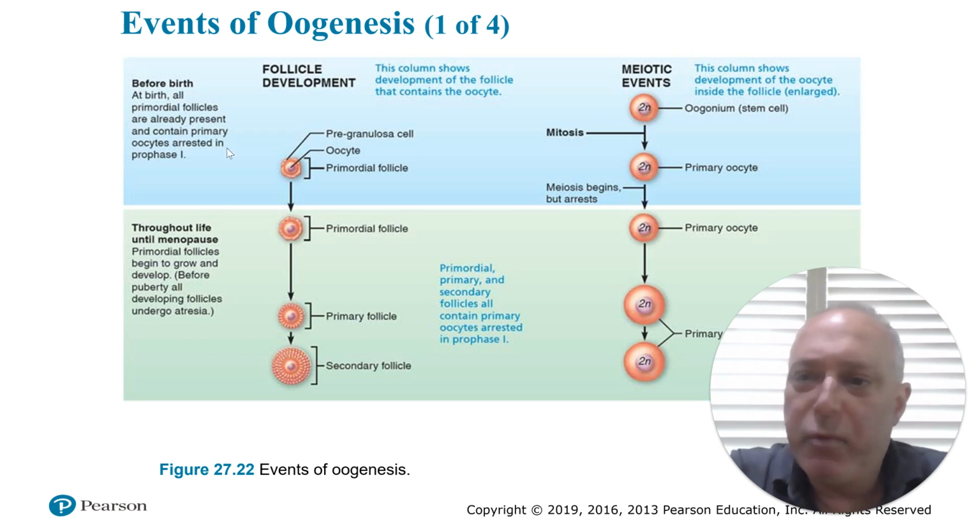This is just before birth. So by the time the female is born, she has all of her eggs for her lifetime. And then at puberty, the cycle starts where each egg is dropped into the uterus and flushed out if not fertilized.